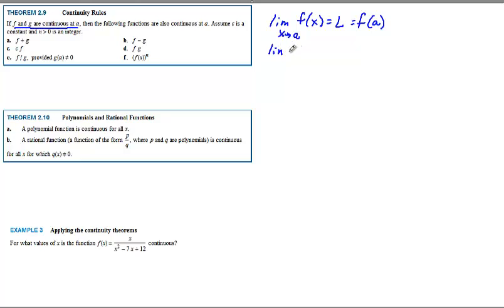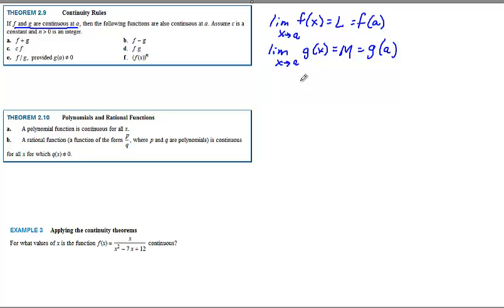Likewise, by stating that f and g are continuous at a, I know that the limit of g of x must equal some, it doesn't have to be the same limit, so I'll just call it M, which is g of a. Alright, I know that this holds true.